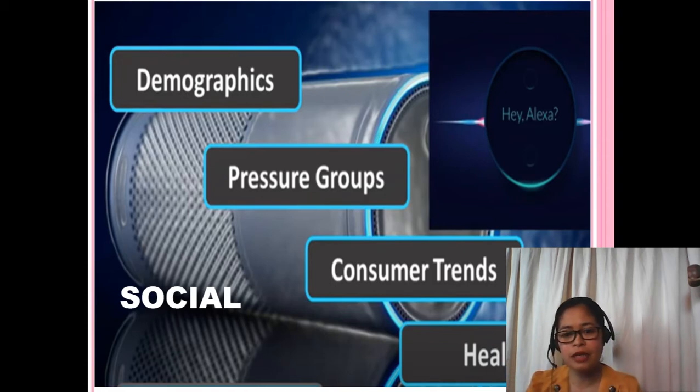Say for example, in this place there are lots of millennials according to your survey. You have to put that into research. Given that data, you are going to strategize what is the best product to produce for this kind of market.